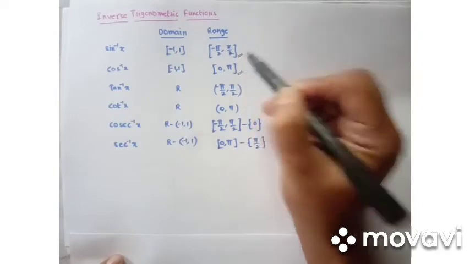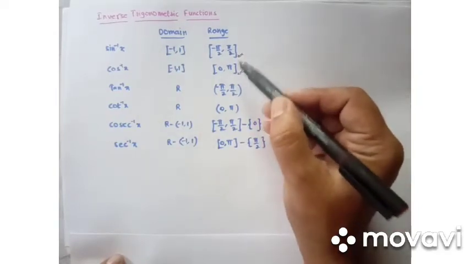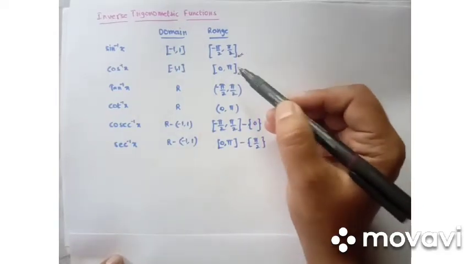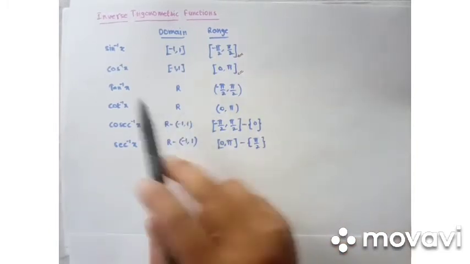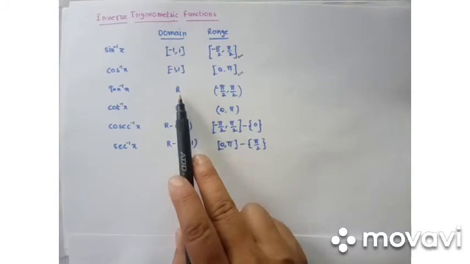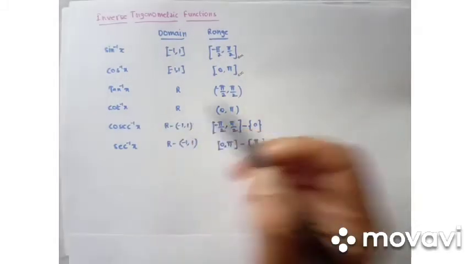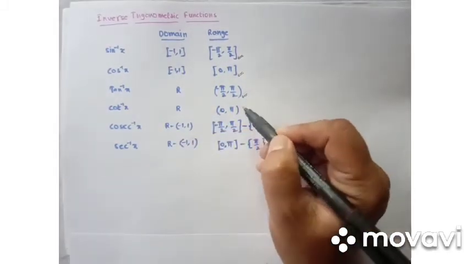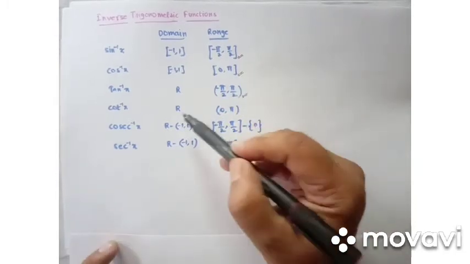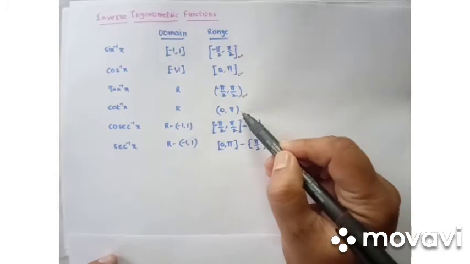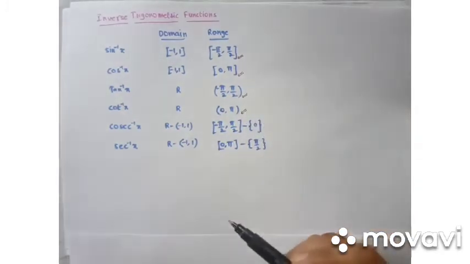So these two things are principal value branches of the sine and cos to make it as one-one as well as onto. And tan inverse, domain is R, range is minus pi by 2 to plus pi by 2. And cot inverse, domain is R and the range is 0 comma pi, that too open interval.